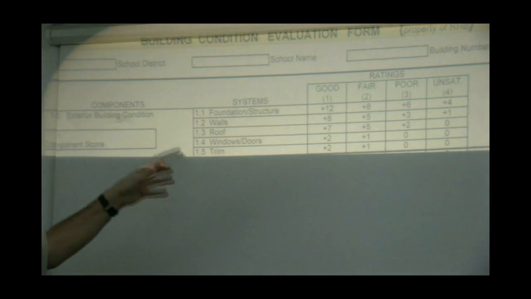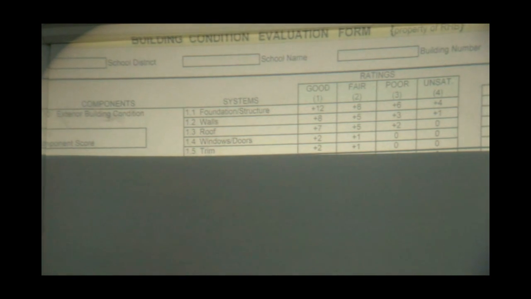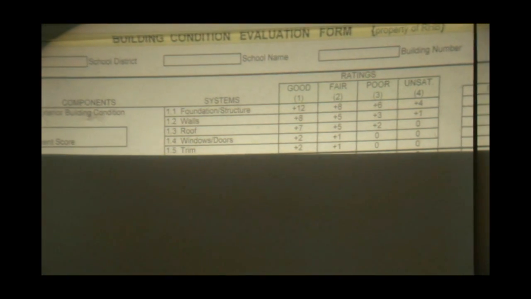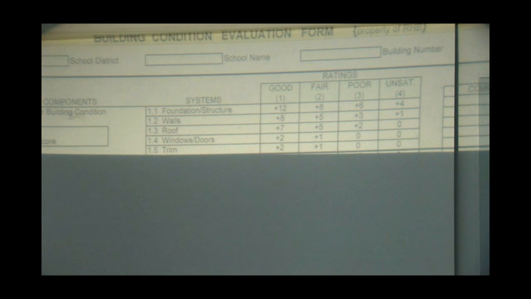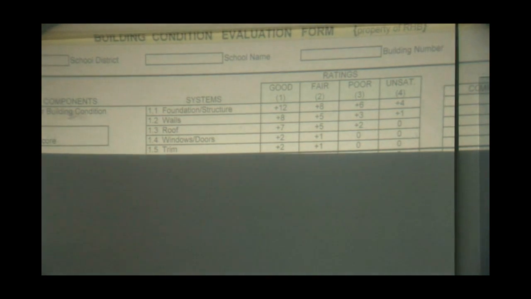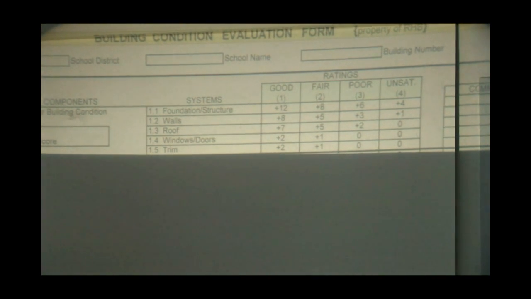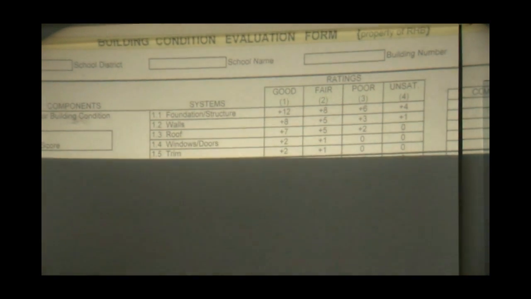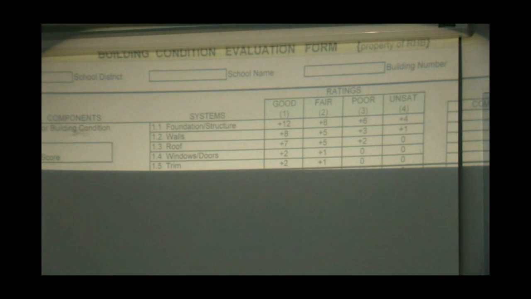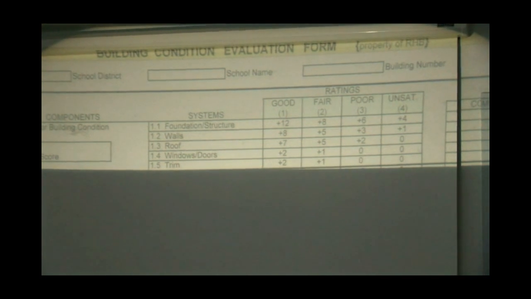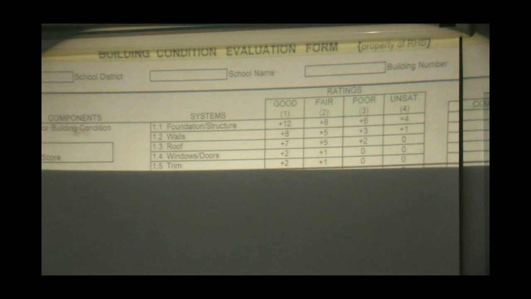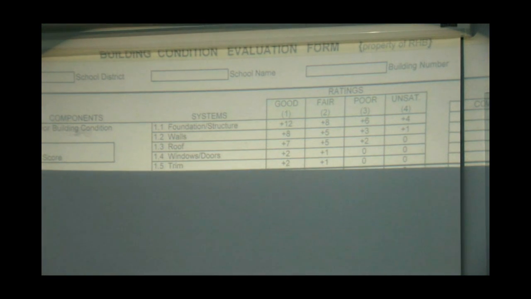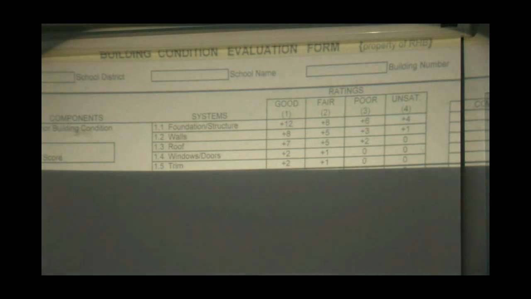Your question will be, good, fair, poor, and unsatisfactory: how did we come up with a scoring mechanism like that? The process was done by experts, the electrical people, the mechanical people, and in this case the structural engineers, who looked at the building and asked what scoring mechanism would turn out a score that is applicable and means something.